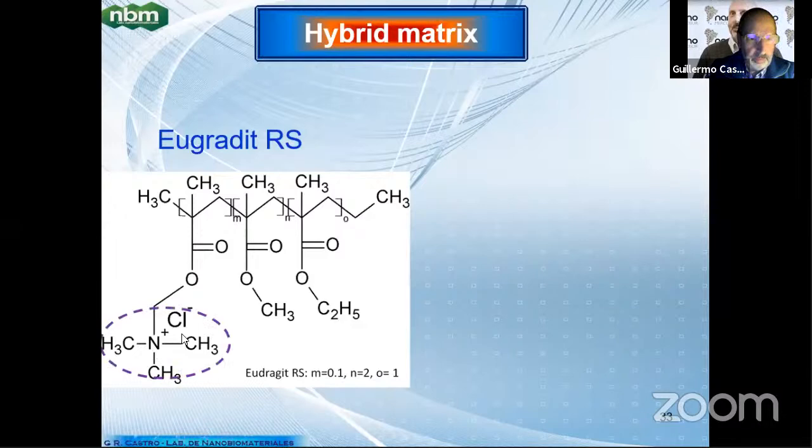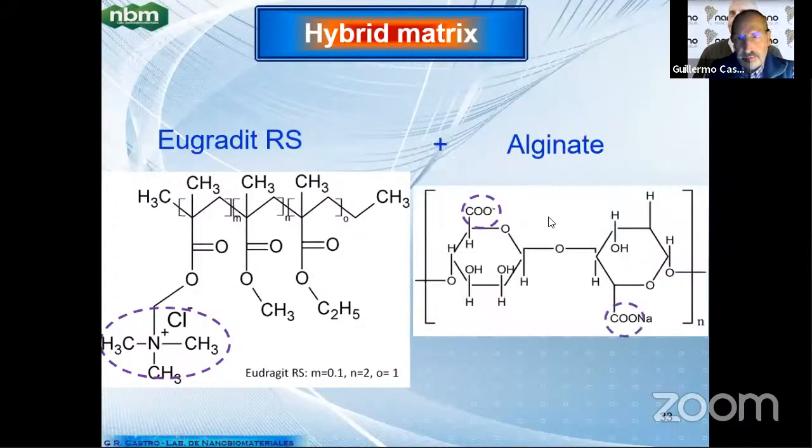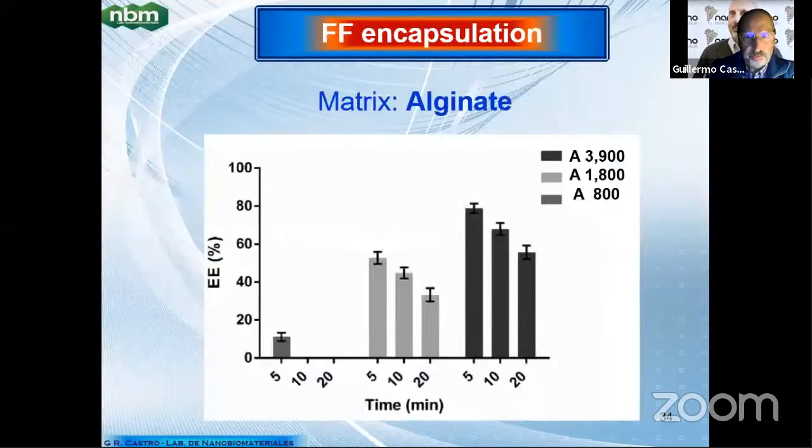They contain a nitrogen amine group that can create positive charge. In combination with alginate, which contains carboxylate ions, it can create a network that we can manage for the release of the antibiotic.